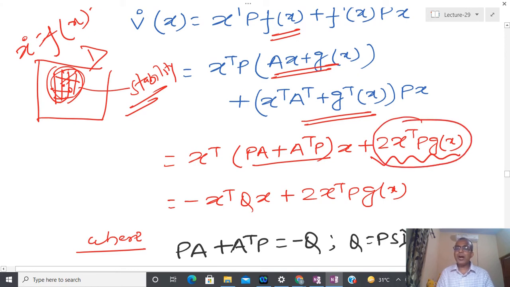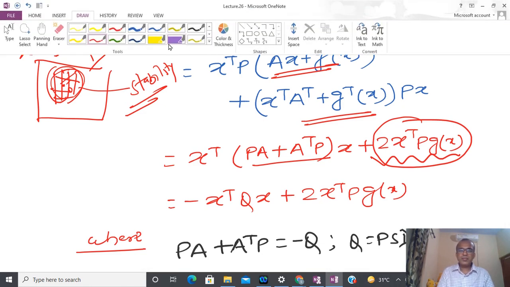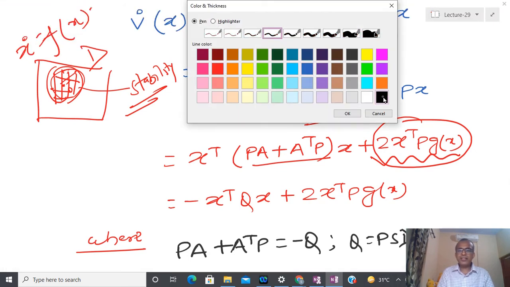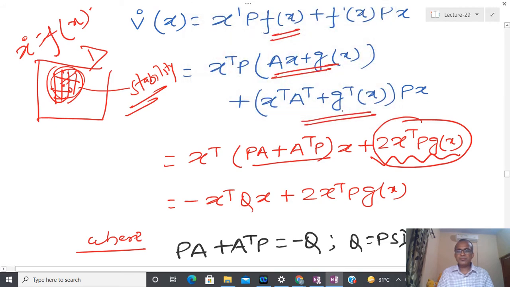Could you please think why I am saying that x transpose P g(x) and g transpose(x) Px are both equal? Anyone? Baby Dana, could you please comment? Yes, sir. Could you please comment why these two terms are equal?